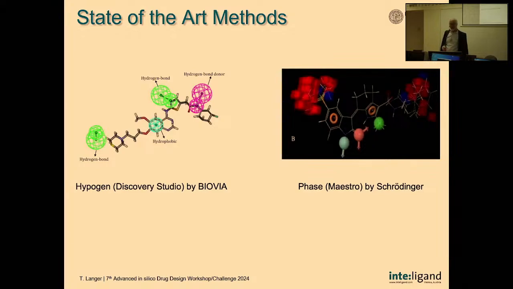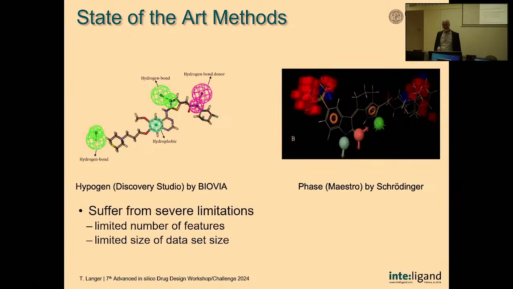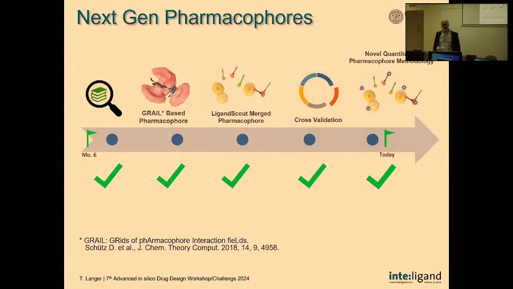And we wanted to do better here, and we developed a method that starts with the so-called GRAIL-based pharmacophore technique, which I will explain in a few slides, where we do a hotspot analysis around ligands based on a grid. So we put a grid around all the ligands and calculate pharmacophore heuristic probabilities.